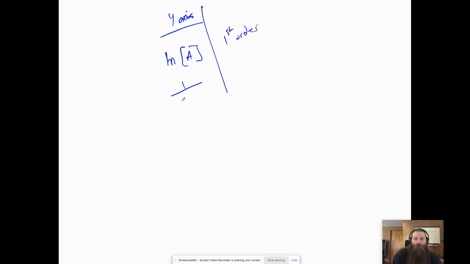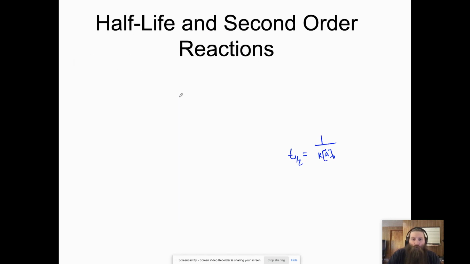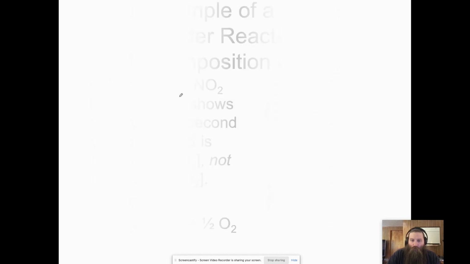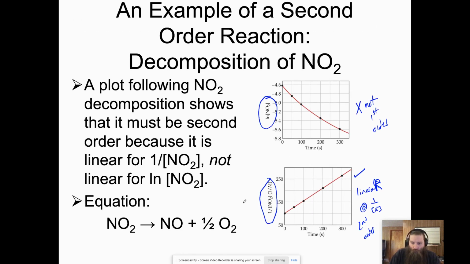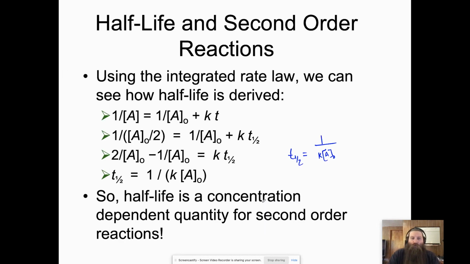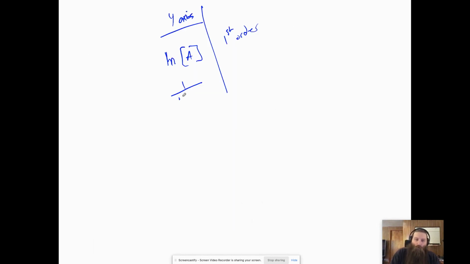If we see 1 over that concentration, then we know we have a second order. And if there is only concentration on the y-axis, then we know we have a zero order reaction.